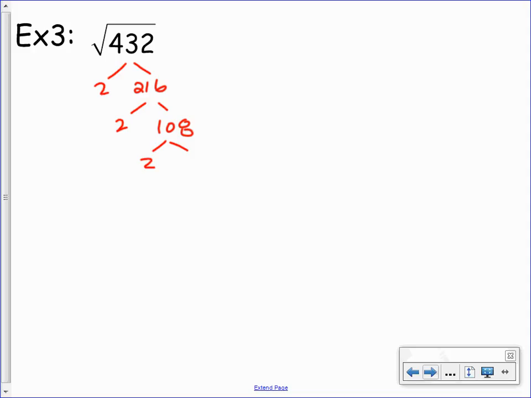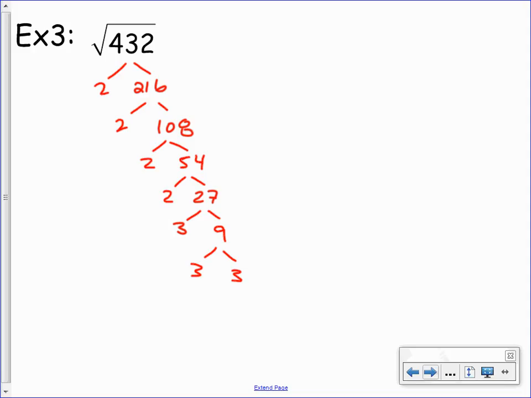And then 54 is even, so that's 2 times 27. 27 is no longer even. So the next prime number is 3. Does 3 go in 27? Heavens, yes. That would be 3 times 9, and 9 is 3 times 3.